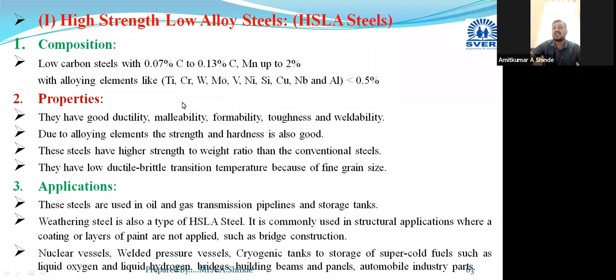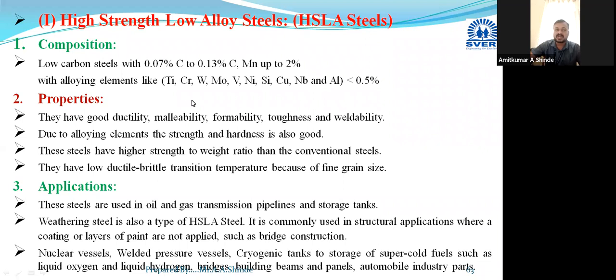Some other alloying elements will be there, like titanium, chromium, tungsten, molybdenum, vanadium, nickel, silicon, copper, then Nb, the symbol for niobium, and aluminium. These alloying elements may be there, but their percentage will be less than 0.5%. Only a very small quantity of these will be there.